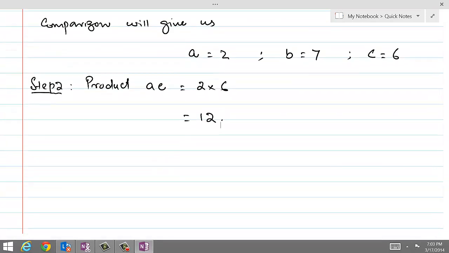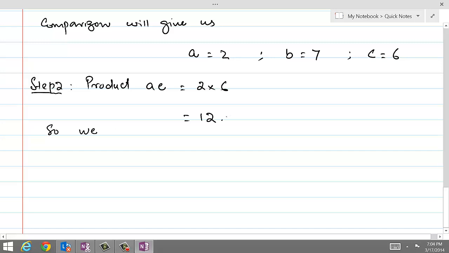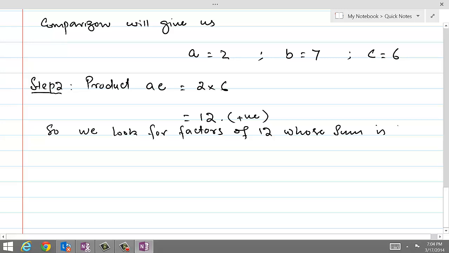Therefore, we will look for two factors of 12 whose sum is equal to B. So we look, this is a positive number, so we look for factors of 12 whose sum is B, which is 7.